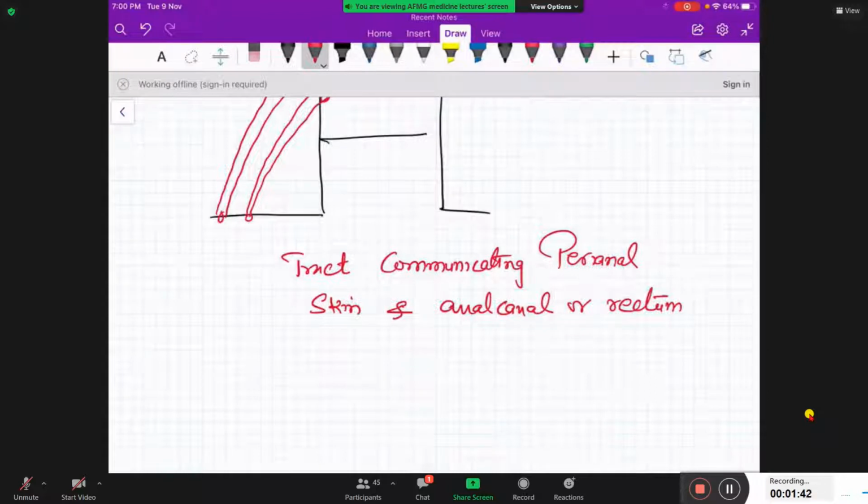Now, how does a patient of fistula in ano present? What is the classification of fistula in ano, and how do we investigate and manage them are the things we need to know.